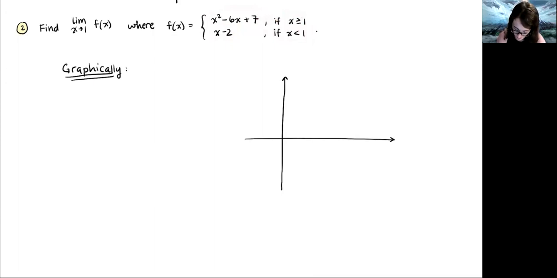So let's label our axes here. I'm going to put 1 here. We only need to go out a little bit further in either direction. So let's just go out to negative 1 on one side and then maybe 3 on the other. And then for the line, that's going to be everything that's less than 1, so it's going to be splitting here. The line is going to be on this side, that's x less than 1.